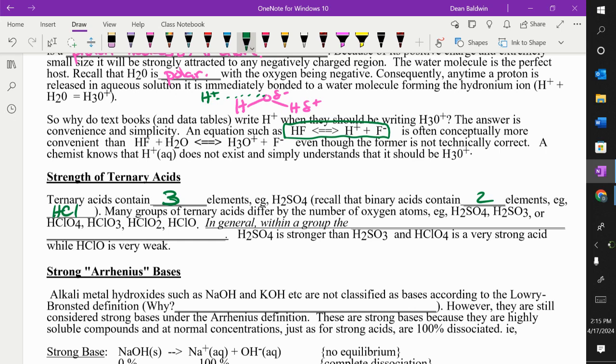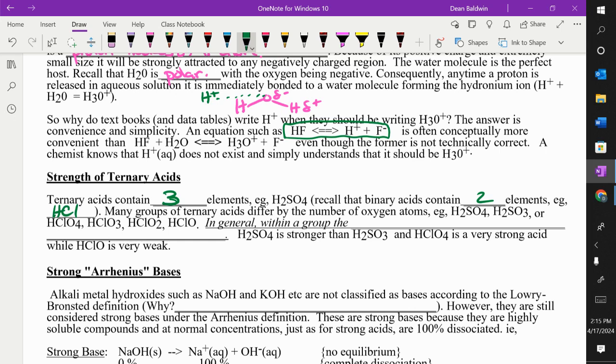So, within a group, H2SO4 versus H2SO3, which is the stronger acid? Any guesses? Sulfuric. The one with more oxygen atoms in general is the stronger acid, and I'll tell you why in a second.